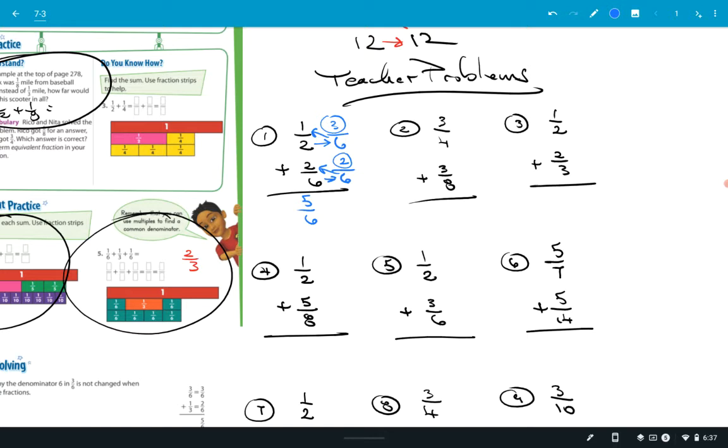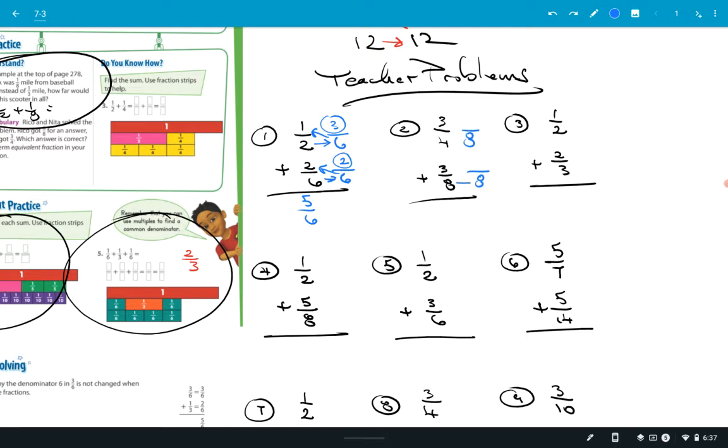Let's look at number 2. What's the common denominator? A number that both 8 will go into and 4 will go into. Well, I think 8's a pretty obvious choice, and so I'm going to put down 8. And again, you're not going to ask yourself, looking at the numerators, how many times they go into 8. You look at the denominators, one denominator going into the other.